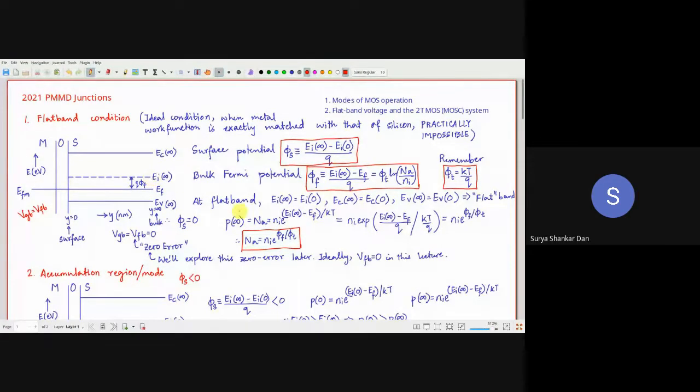Ei infinity, because I am speaking about the infinity, that means more towards the bulk. In the bulk region, the difference between Ei and Ef is your phi f, right? So Na equals Ni e to the power of phi f by phi t. This is something which we will require later on. I have just written it for the bulk, infinity.